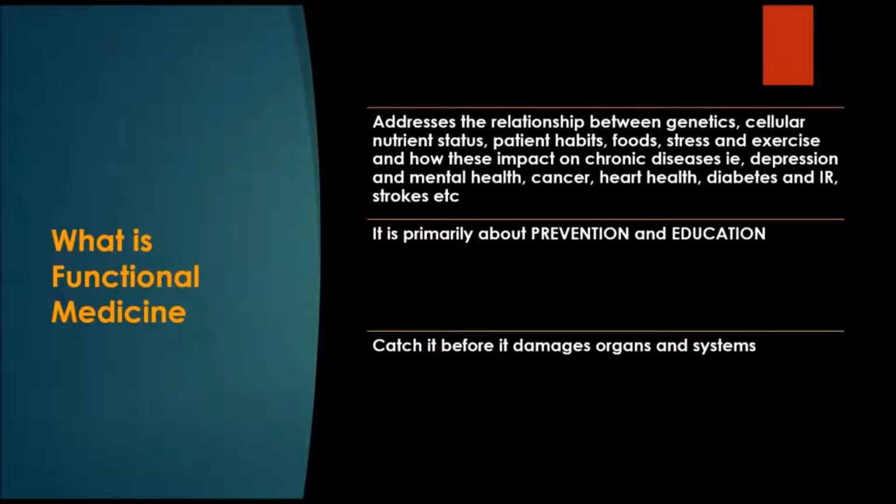Do they exercise at all or do they have a sedentary life? Are they very stressed? What foods do they eat? All of these play a role in the impact on chronic diseases. So the chronic diseases would be, for example, depression, mental health, so Alzheimer's or Parkinson's, cancer, heart health, diabetes and insulin resistance, and strokes. And there are others, of course.